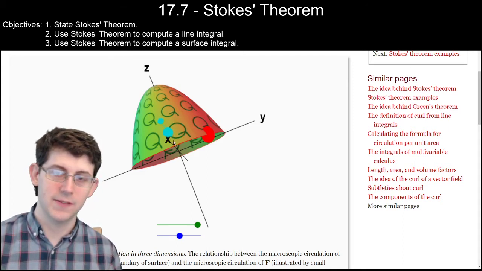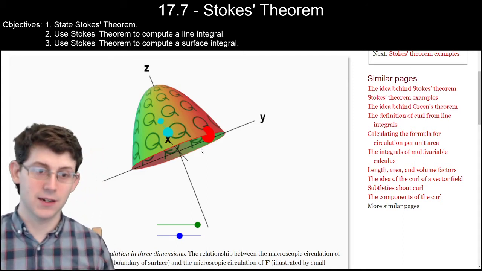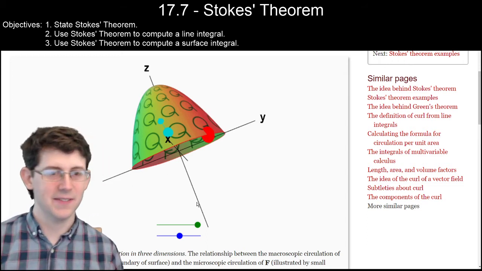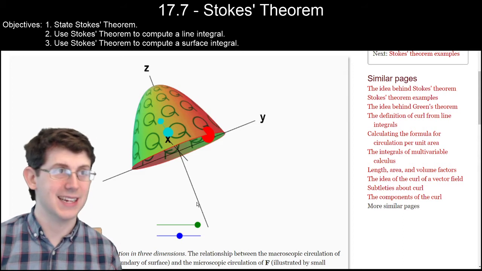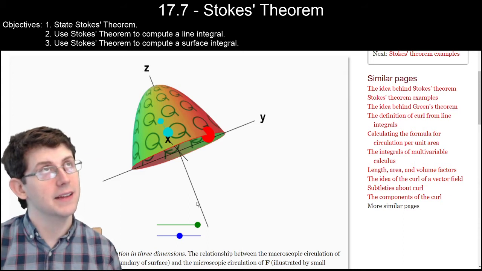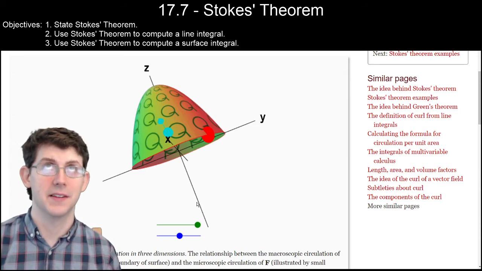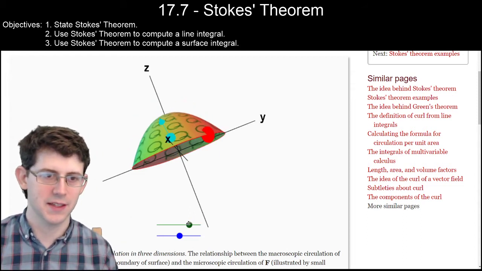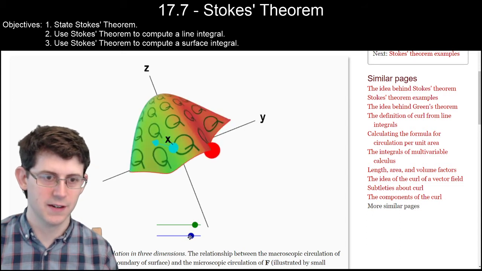If we picked normal vectors going in instead, that would agree with the orientation where the curve was going the other way. So this is kind of an obnoxious detail, but it ends up mattering because if you get it wrong, you get the opposite of the right answer. I think in the examples we're going to do, almost all the answers are 0 anyway. But that's what it means to pick an orientation that's consistent with the curve.